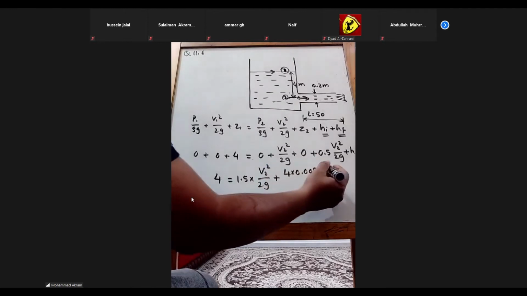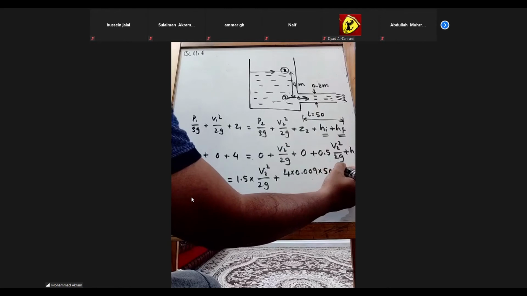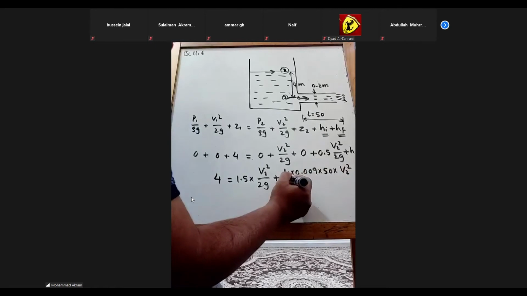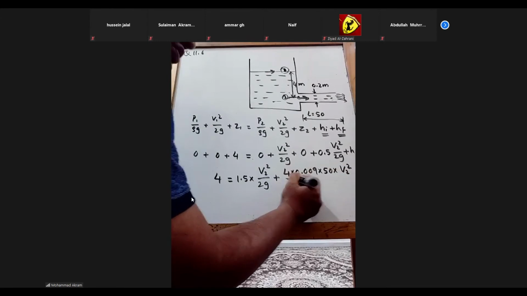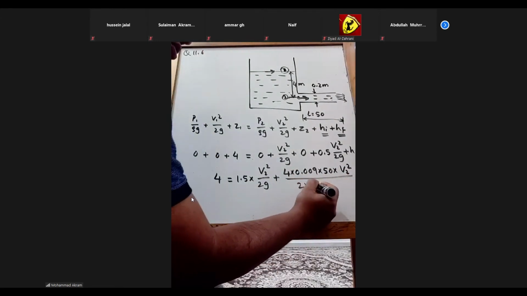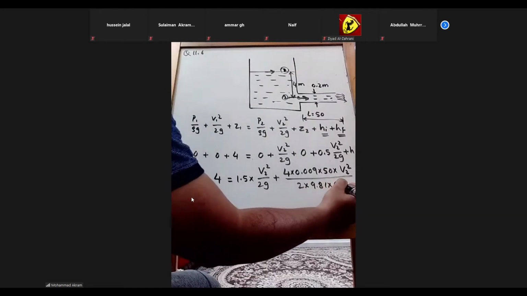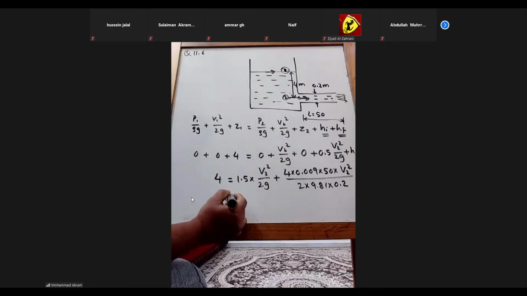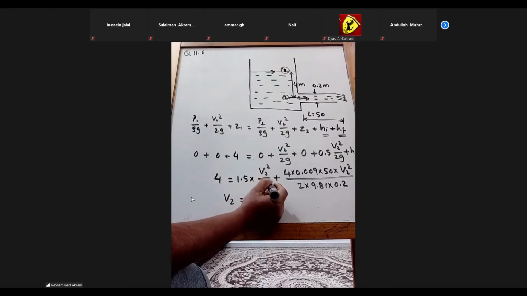So 4F into L. L is 50. 4F LV square, that is V2 divided by D 2GD, right? So 2 into 9.81 into 0.2. Now what is the only unknown here? V2. Can you get V2? Just a second. So instead of G, I am writing 9.81.